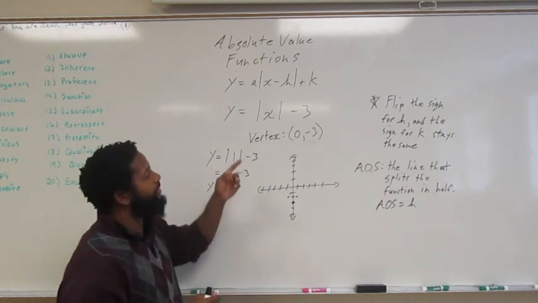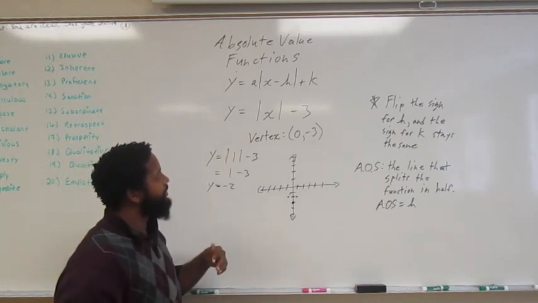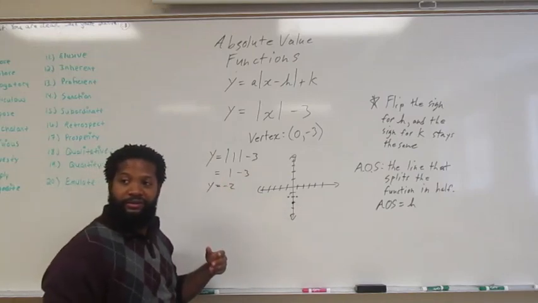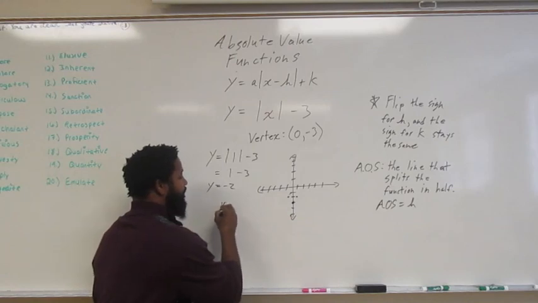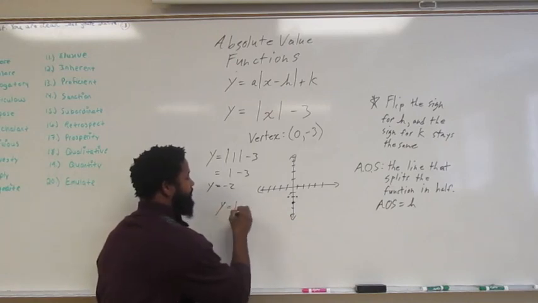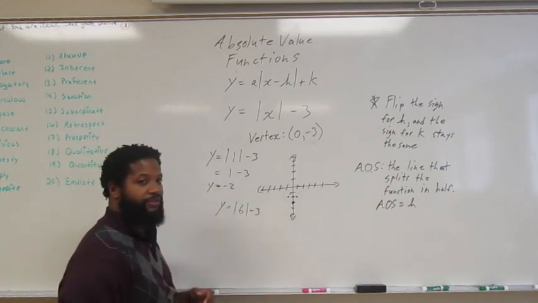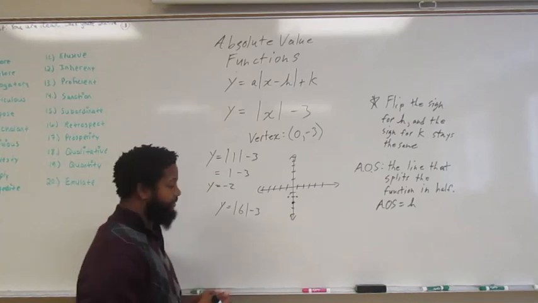What if our x was equal to, I don't know, 6? You have y equal to the absolute value of 6 minus 3. What's the absolute value of 6? 6.